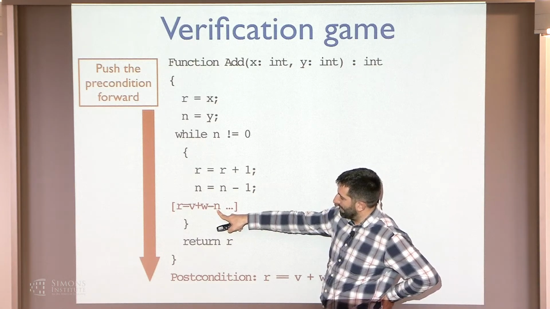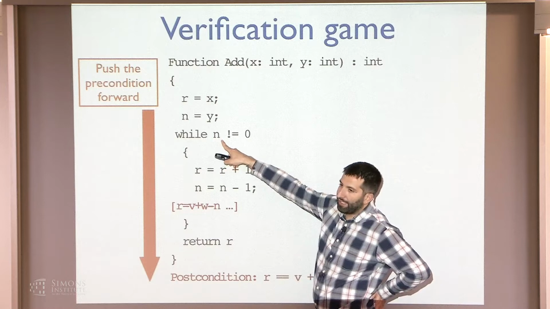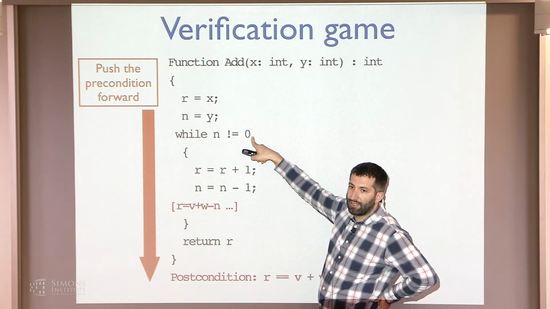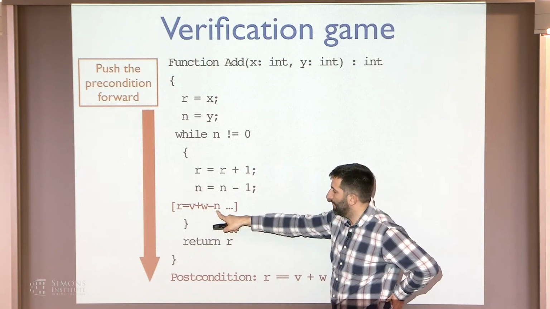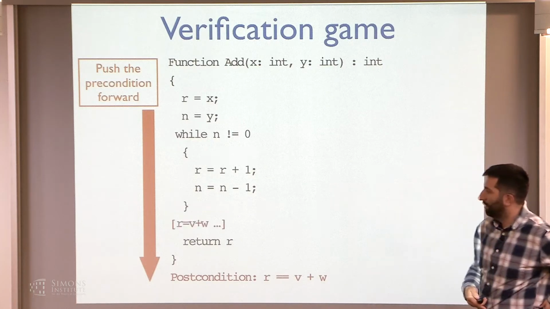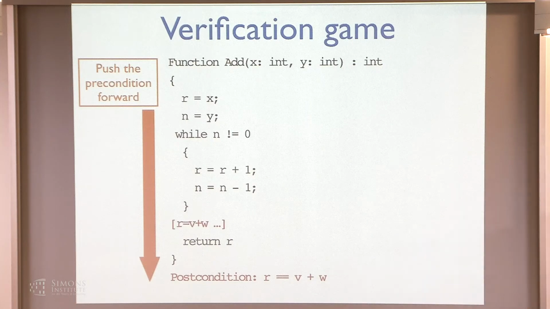So the formula is this, and I apply the negation of the condition, which says that n is equal to 0, and so this will become just R equal V plus W. And this is actually what we need for matching the postcondition.